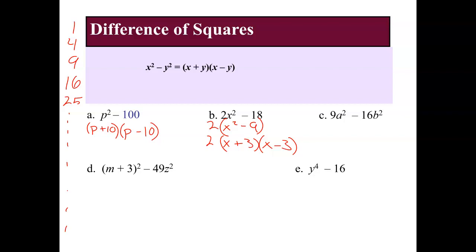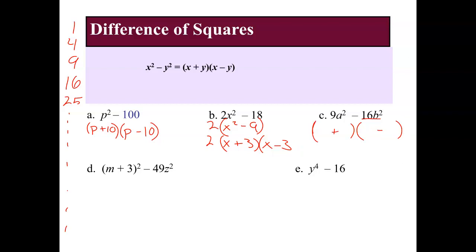When we're looking at terms that have coefficients and variables, we need to make sure that all factors in each term are perfect squares. So 9 and a squared, as well as 16 and b squared are both perfect squares. So we'll square root those both to set up our factors. 1 plus, 1 minus.